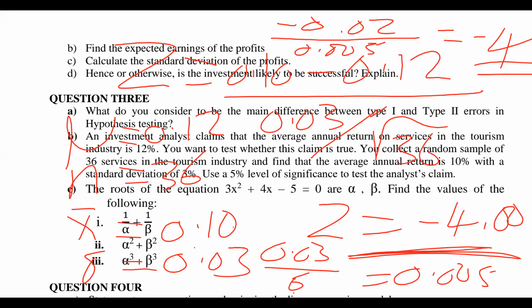Yeah. Did you get it? You're saying first I find the square root of 36, which is 6 already, we know that. So we say 0.03 divided by 6, so that you can get 0.005, right?